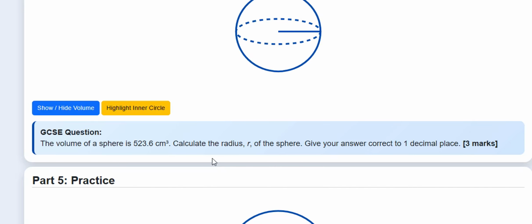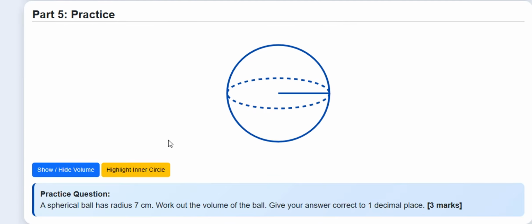So from there, can we try question 5, this practice question? You are told a spherical ball has a radius of 7 centimeters, then work out the volume of the ball. Give your answer correct to 1 decimal place. So we already know the radius r is 7 centimeters, like that.